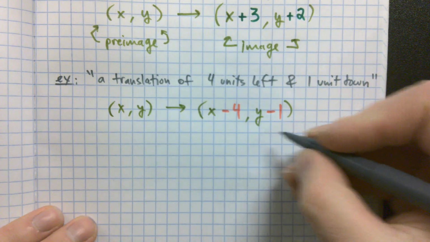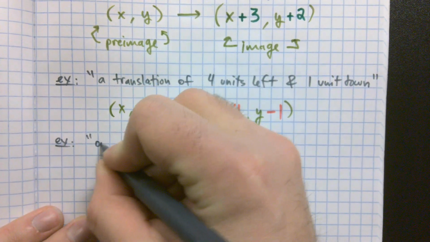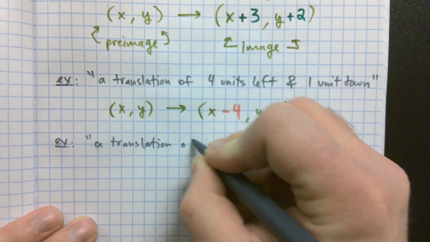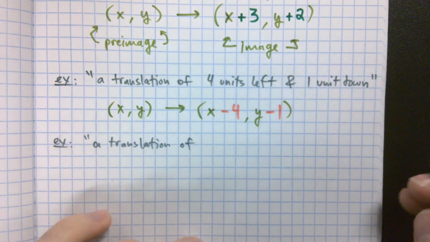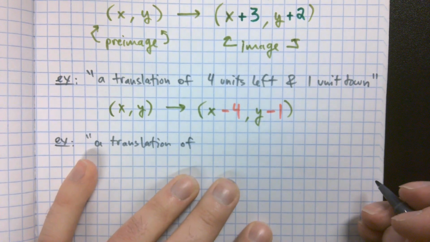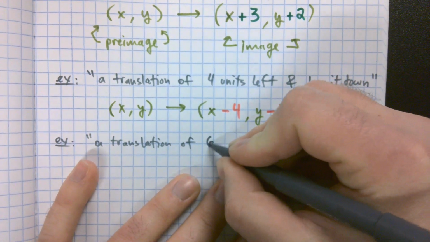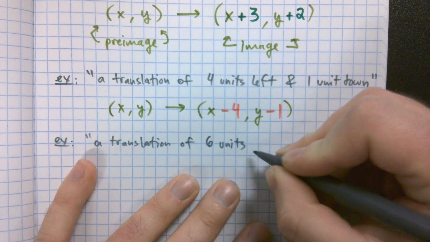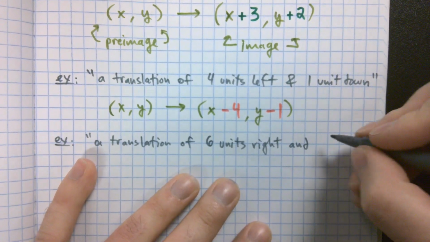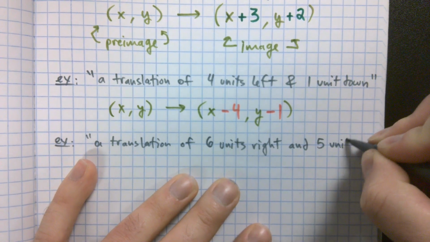What if we had a translation of 6 units right and 5 units down?